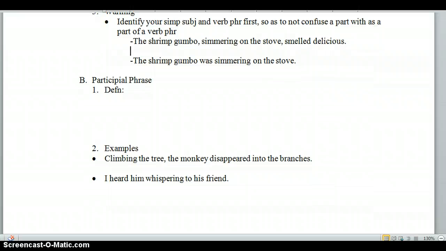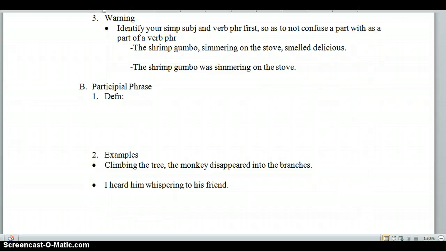Be sure that you are identifying that simple subject and your verb phrase, because it's very tempting to mark anything with an ed or an ing as a participle. So in fact, when I look at this first sentence, the shrimp gumbo simmering on the stove smelled delicious.